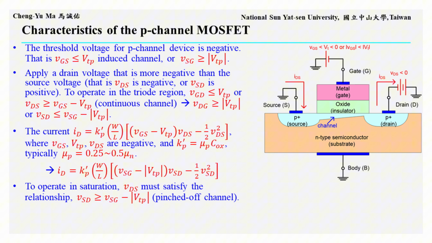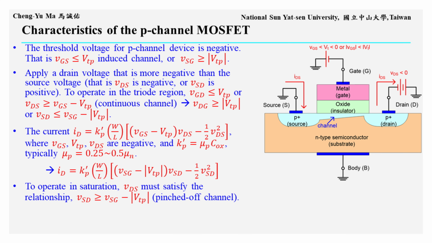The PMOS triode region current can first be written using the negative quantities VGS, VTP, and VDS. Here, Kp prime equals mu p C oxide, and the hole mobility mu p is typically about 0.25 to 0.5 times the electron mobility mu n. To make the formula easier to use, we rewrite it with positive quantities.